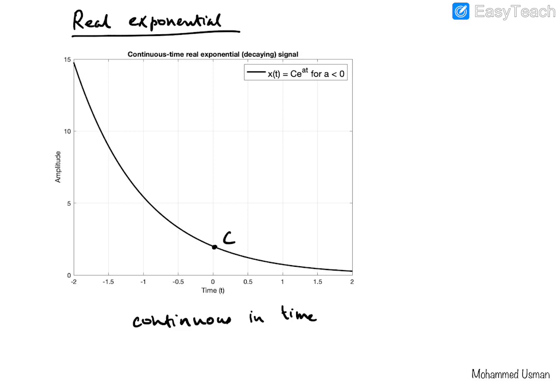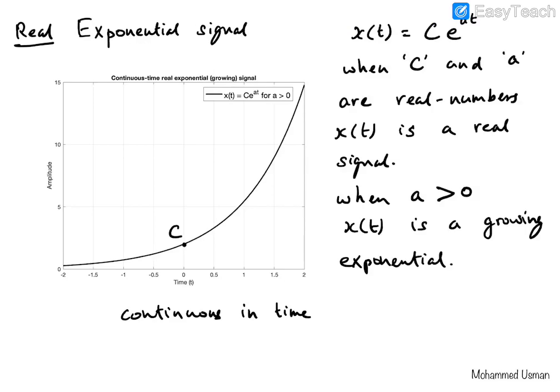Now, as an exercise, I want you to think what will happen if the value of a is equal to 0. If we make the value of a equal to 0, then what happens to both these exponential signals? In this case, it becomes c e power 0t, which is c e power 0, and e power 0 is 1, so c into 1 will become c. That means when a is equal to 0, this signal will just become a constant value equal to c.